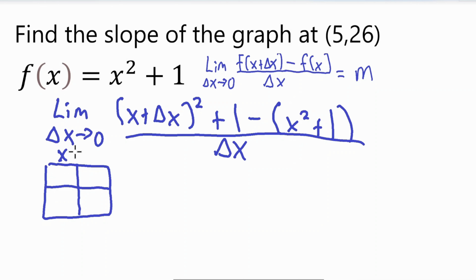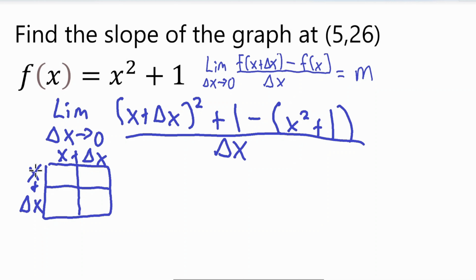So x plus change of x on one side, each term, and on the other side, since it's squared, it's going to be the exact same terms, x plus change of x. And now within each quadrant in the box, we just multiply the 2 corresponding terms.